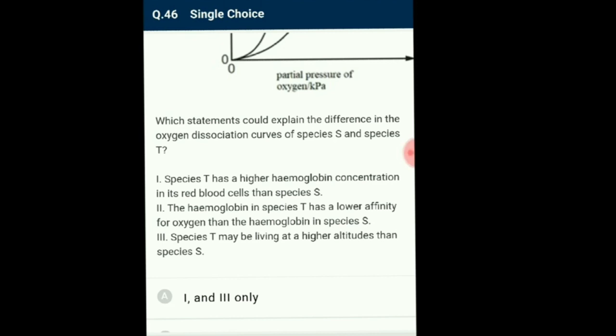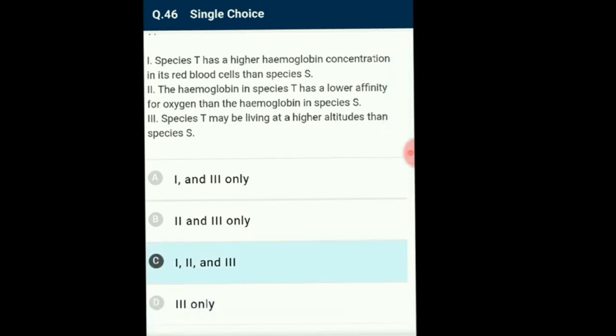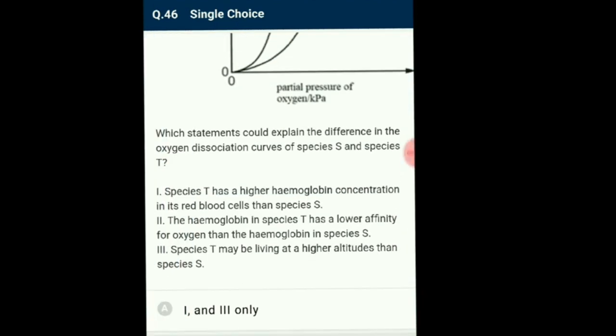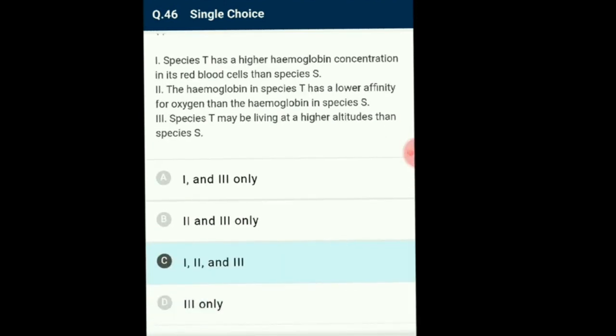Some conditions which decrease affinity are low partial pressure of oxygen, high partial pressure of carbon dioxide, low pH, high temperature and high altitudes. So the correct answer for this question is option C: 1, 2 and 3. Those three statements could explain the difference in the oxygen dissociation curves of species S and species T. So the correct option is C.